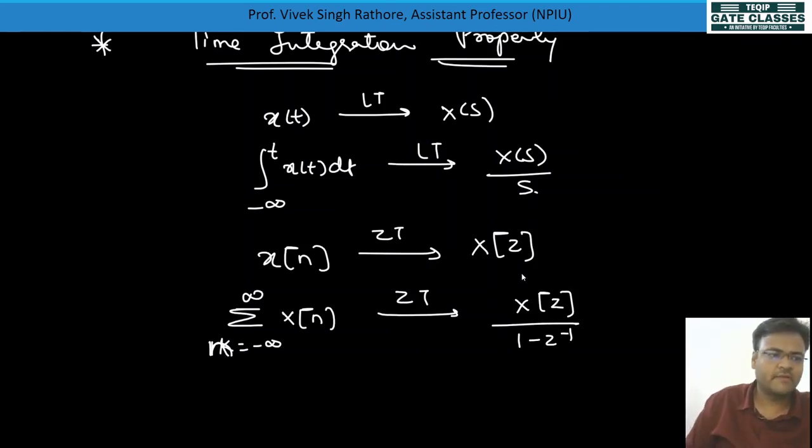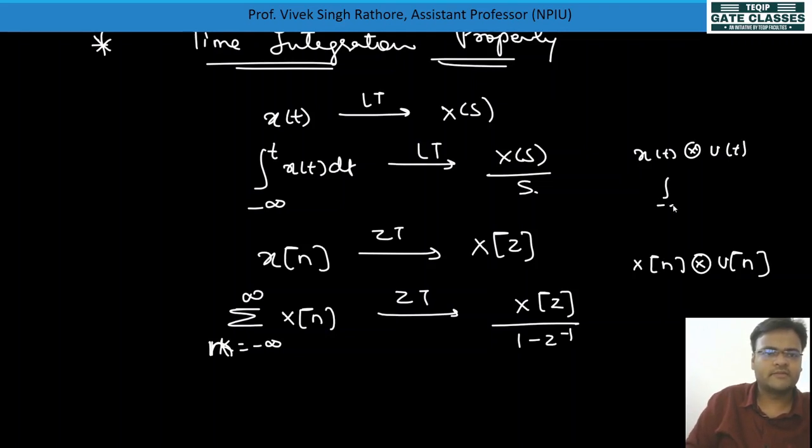Actually, what is happening is that integration means convolving with u of n. Here also, x of t convolved with u of t gives the integral from minus infinity to t of x of t dt. The same way here, it can be written as x of z into u of z, and u of z is nothing but 1 by 1 minus z inverse.